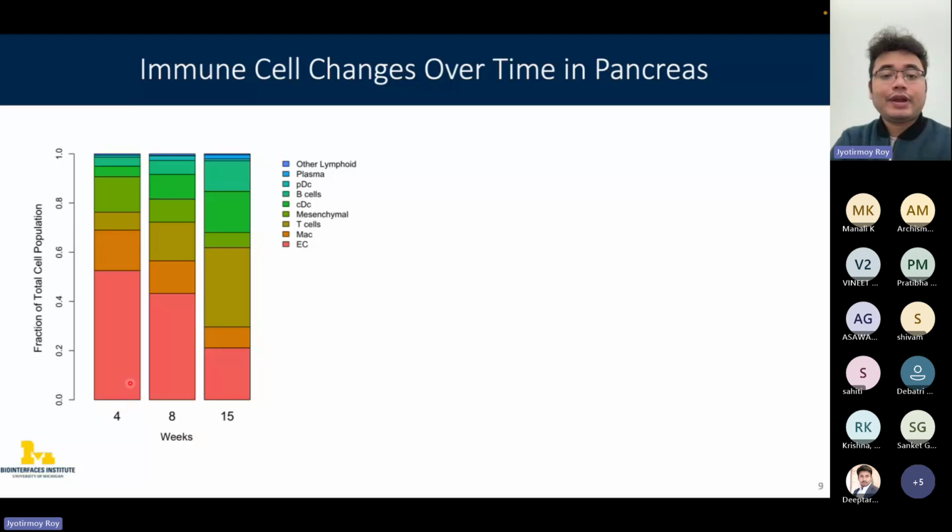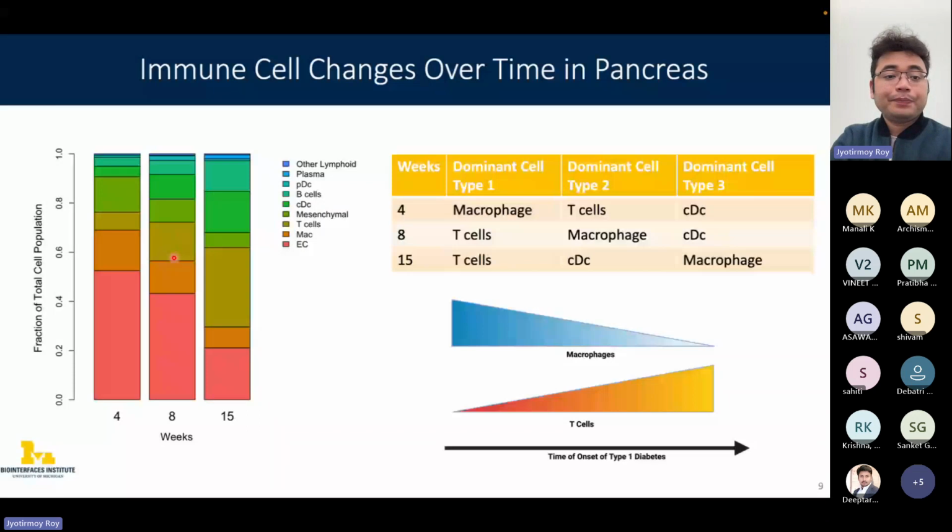So once the single cell RNA sequencing was done, this is what the results came out to be. At around 4 weeks of age, this pink one is the endocrine cells, which is not that important from the pathological perspective. But what is important from our standpoint is the immune cells, like the macrophages, T cells, mesenchymal cells, and so on, all the way from here. So what we see over here is as follows.